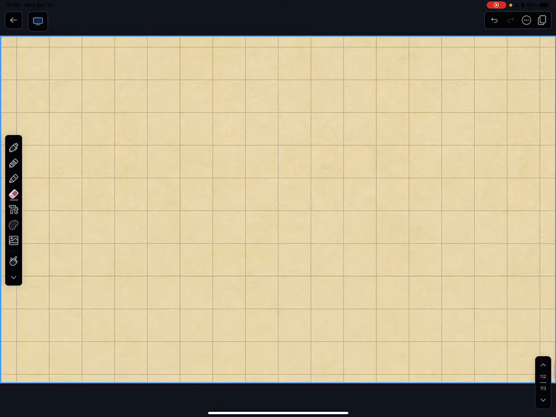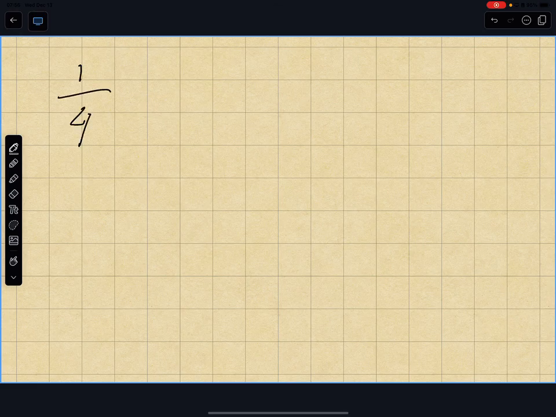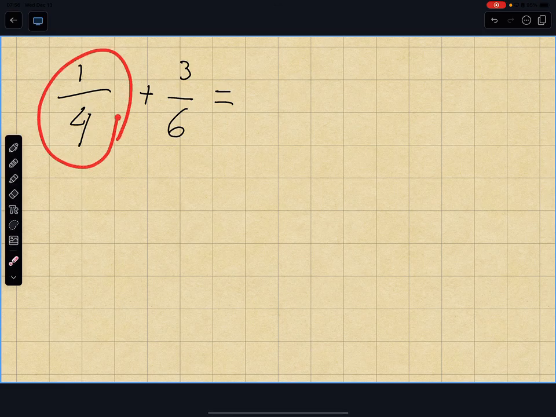So, when you were 3 years old, you made something like this. And then you remember that you cannot just add them together.